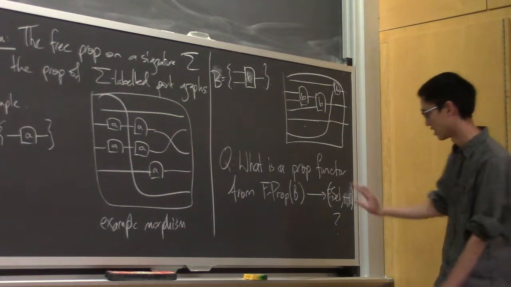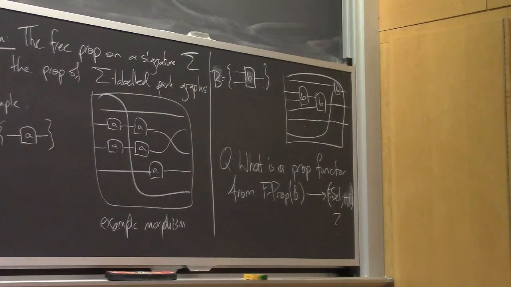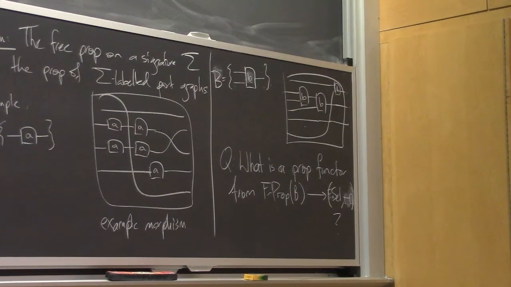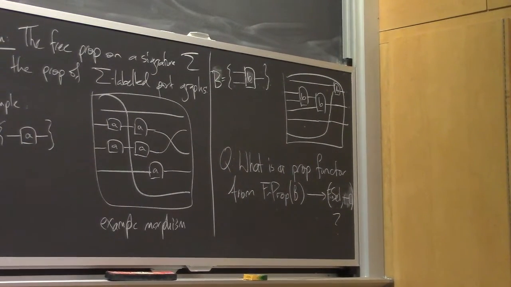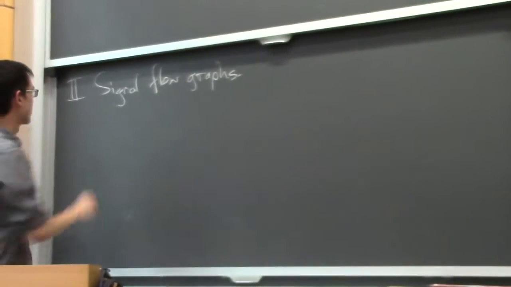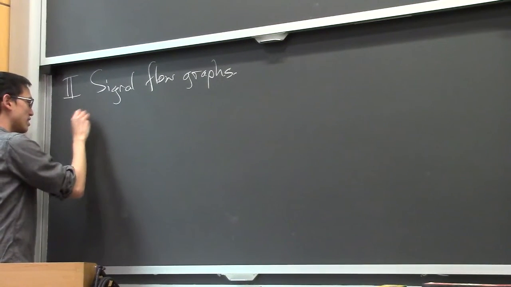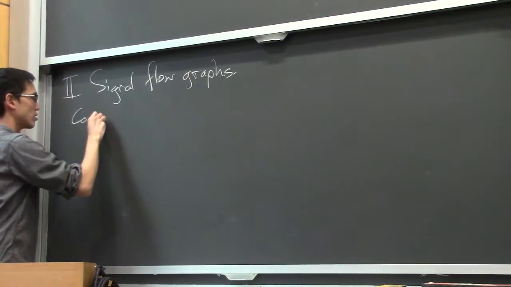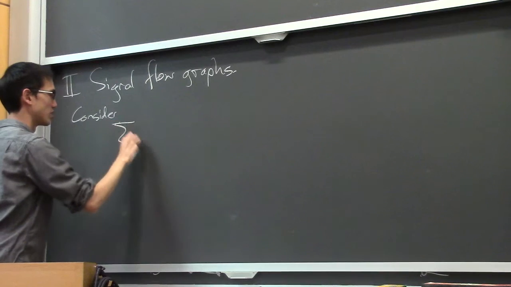Okay, so hopefully we have some idea of what prop functors are. Now, I want to talk about signal flow graphs. So consider this signature.